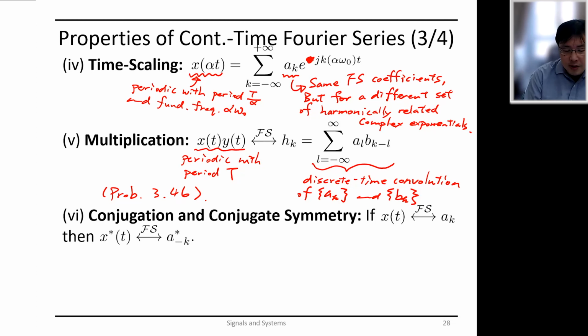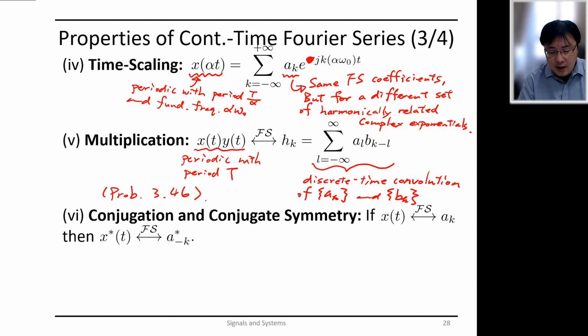Now, the next property is conjugation and conjugate symmetry. This is saying that if x of t has Fourier series coefficient ak, then you can show that the complex conjugate of x of t has Fourier series coefficient equal to a sub minus k with a complex conjugate.